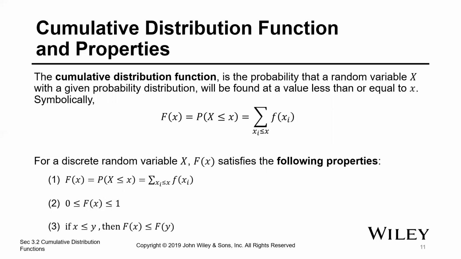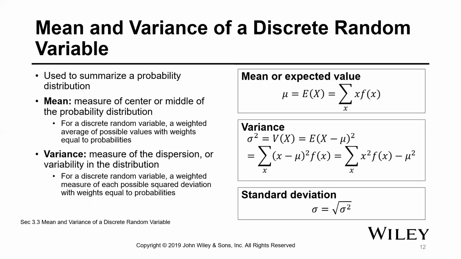You can't have more than 1. You can't have less than 0. And then when x is less than y, your function of x is going to be less than your function of y. And that's where this ends up. And there's a very simple way to do this.